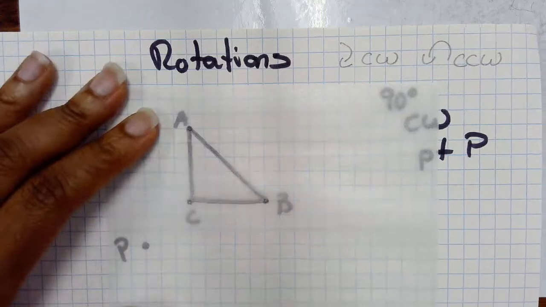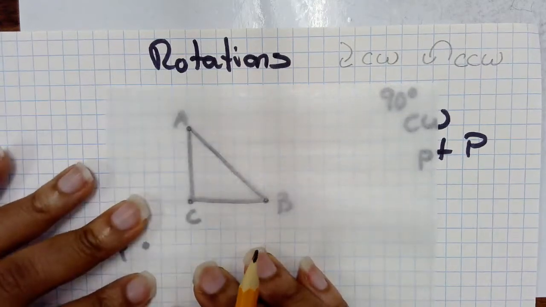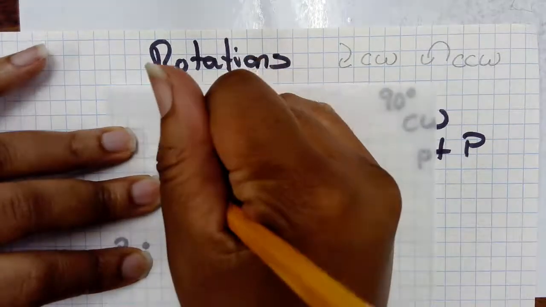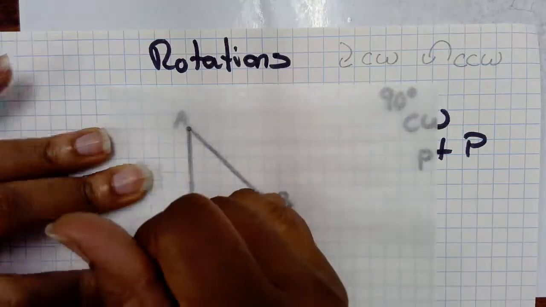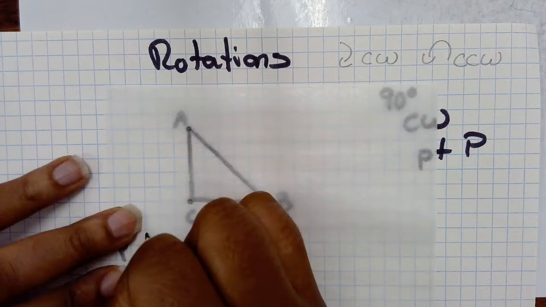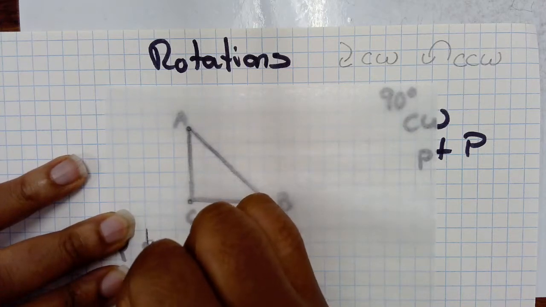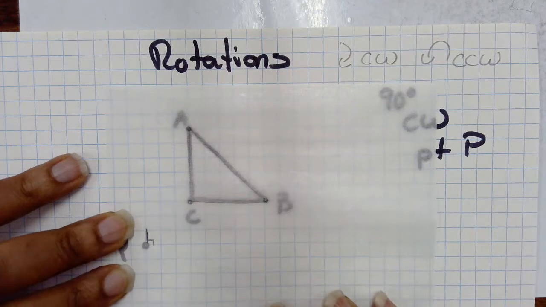All right, so I know I'm going 90 degrees clockwise about point P. Here's what I do to make sure that I rotate 90 degrees. Here's my point P right here. Sometimes I draw a vertical line in a right angle box, especially for 90 degrees, because a square has 4 angles, and they're all 90 degrees.